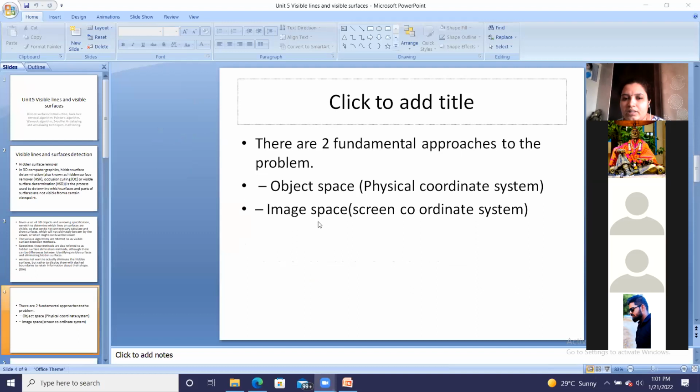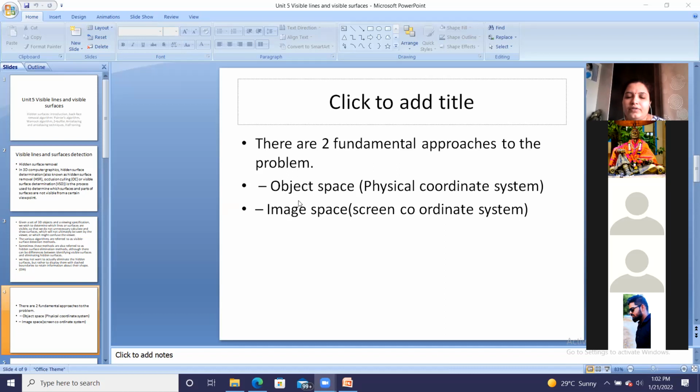The second approach to do the hidden surface detection or removal is called image space, in which the screen coordinate system is considered. So here it has something to do with the representation on the screen. These are the two approaches for detecting the hidden surfaces.